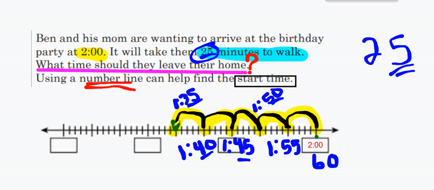What's my ending time, guys? Good job. My ending time is the one that points over here. And that is 1:35.